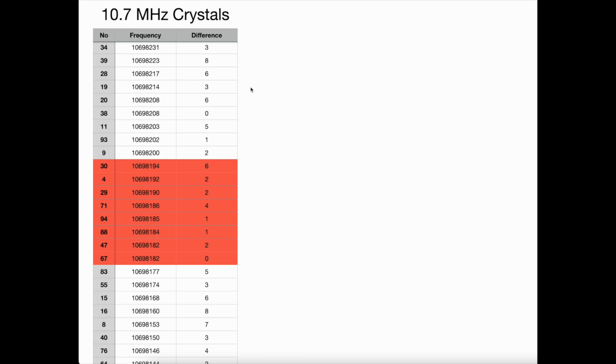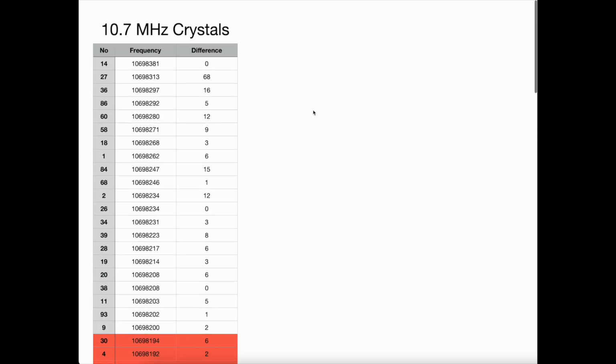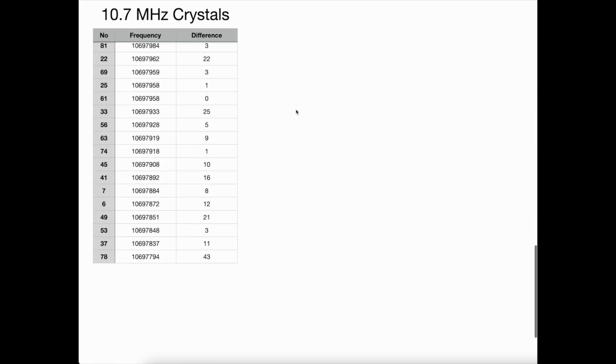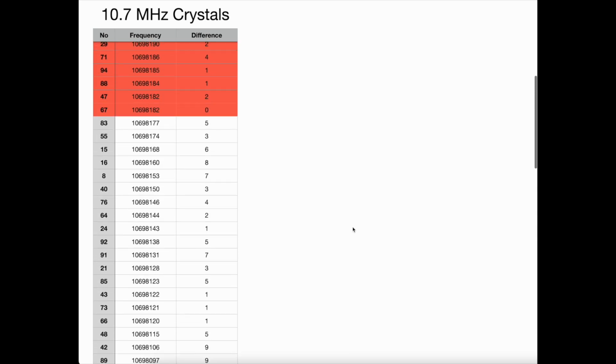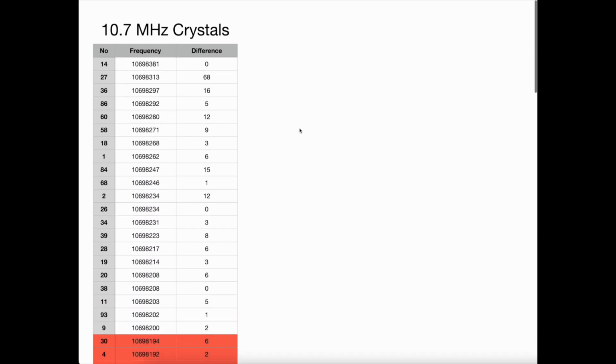So what I've got here now is the frequency of each crystal listed in order, going from the highest frequency here, which is 10.698381, down to the lowest one, which is 10.697794.